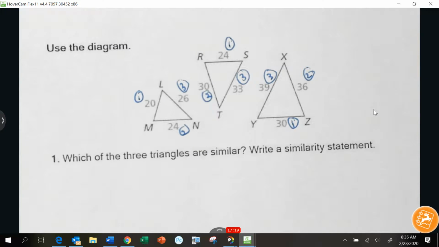You guys, I haven't said that you can't use a calculator if you're having trouble with reducing. You're more than welcome to try using a calculator. So, if they all equal the same numbers, then yes, those would be right.